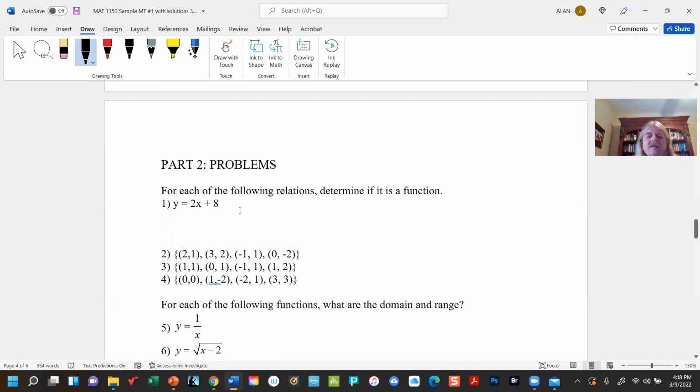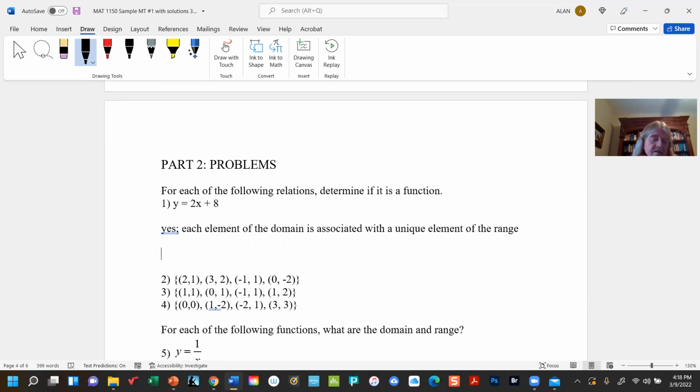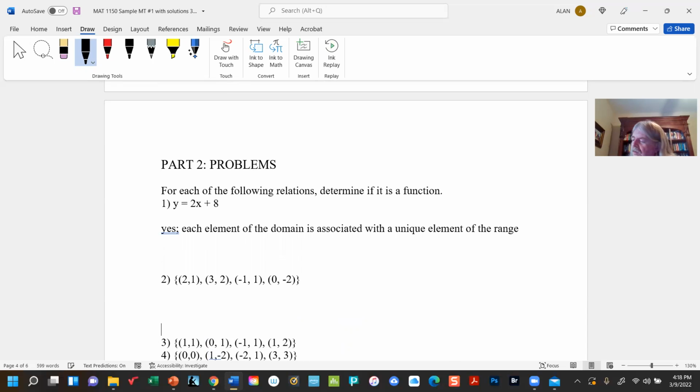So the way you could formally define this is to say, yes, each element of the domain, which in this case is the entire real number line, is associated with a unique element of the range. So for each x, there's a single y, and that's it. Now for these, well, it may not be true. Let's see, what do we have here? Why don't we draw this out?